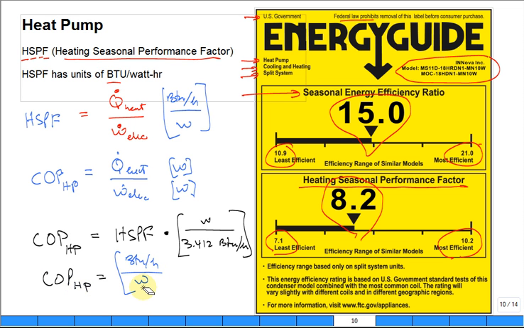See that? So you take the numeric value HSPF, divide by 3.412, and you have the numeric value of the COP of the heat pump. So this one is 8.2.